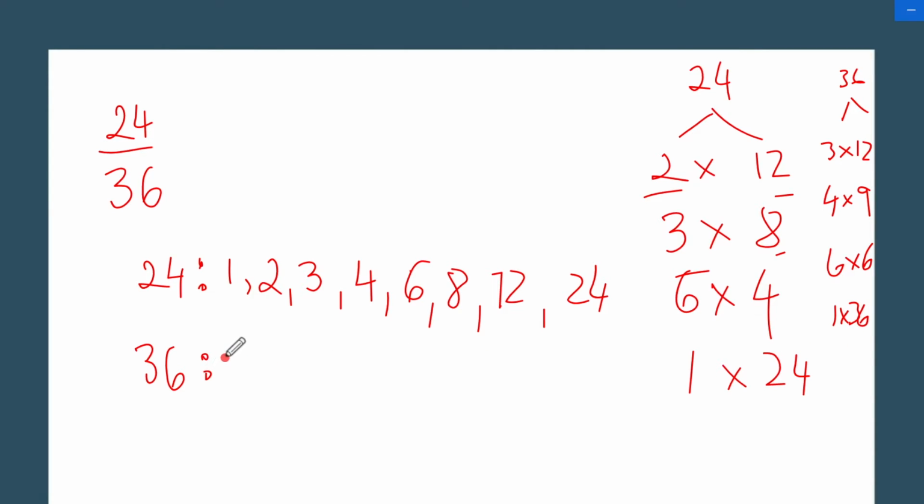And we can write them in order. 1, and 2 times 18. 2, 3, 4, 6, 8. Is there any 8? No.